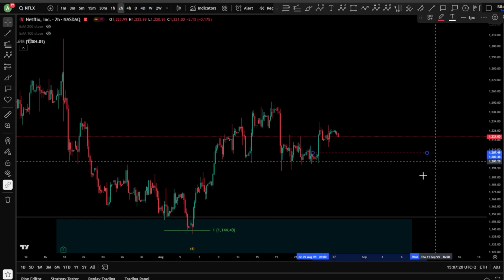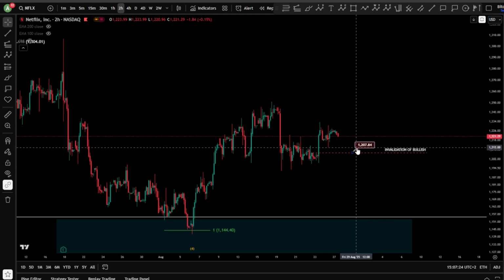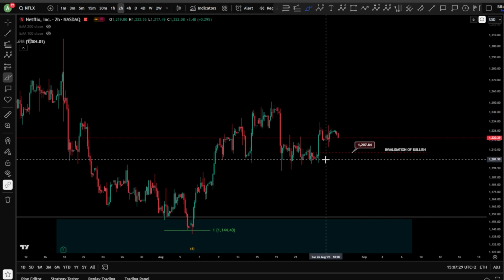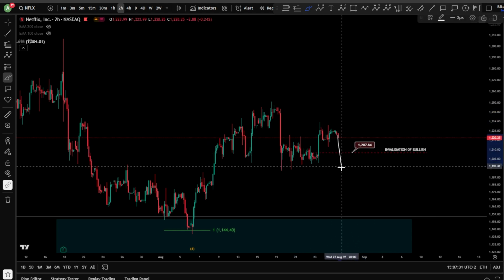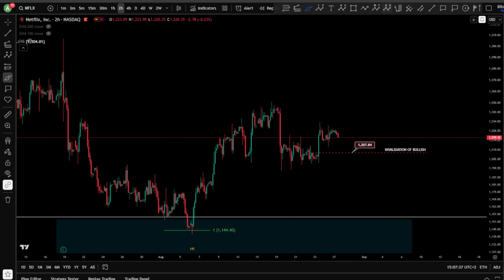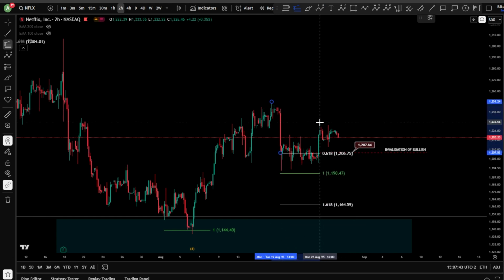This is the invalidation of the bullish scenario, meaning if the price dives deeper again to 1207, this is your invalidation of the bullish, because you might take the zone 1 here, and that means you might be in a bigger ABC. And in case you break the 1-to-1 fib level, this is also a key level to have.